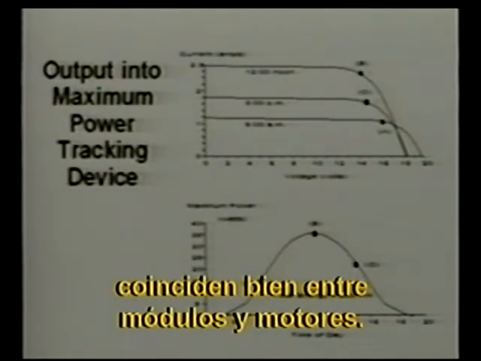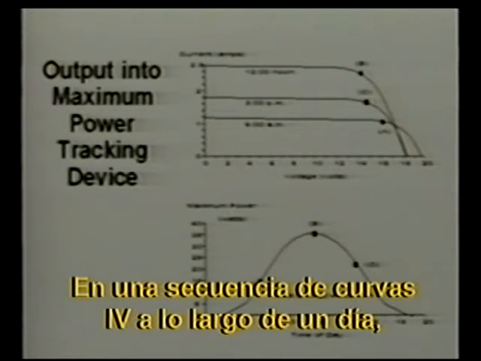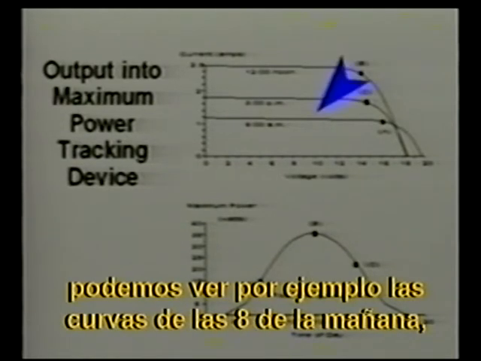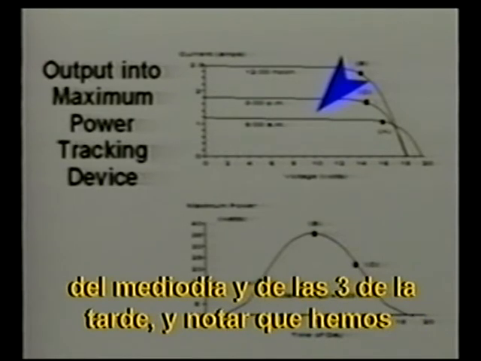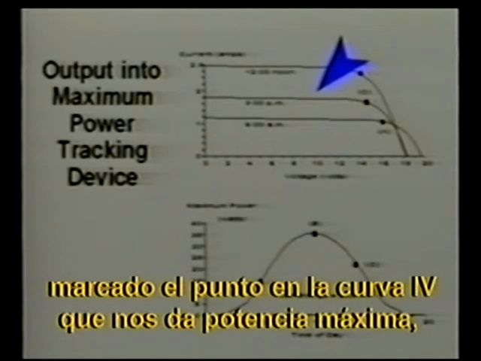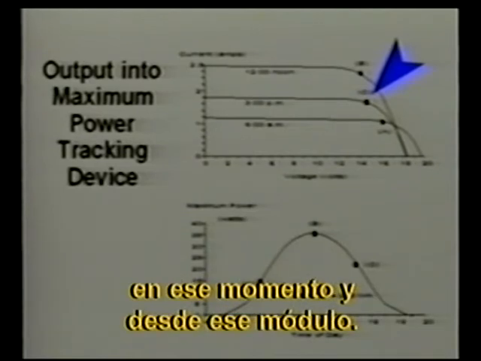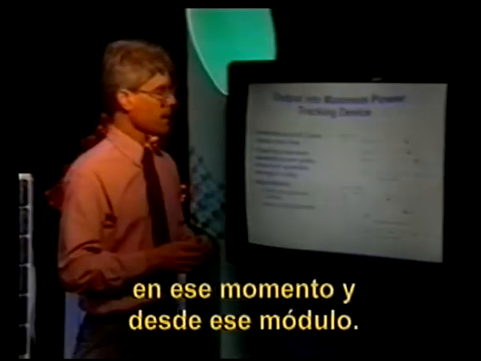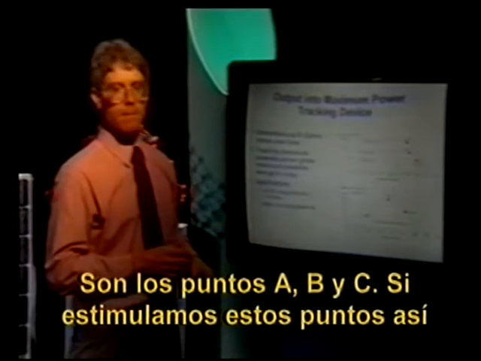We can look at a sequence of IV curves during a day, early in the morning, let's say 8 o'clock, then later at noon, and later still at 3 o'clock in the afternoon. And notice that we've marked out the maximum power point, the point on the IV curve that gives us maximum power at that moment from that module. That would be the points A, B, and C.